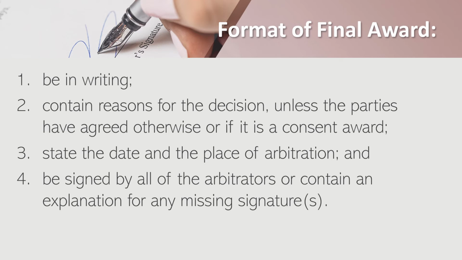But in general, the format of the final award must be in writing. It must contain reasons for the decision. There must be a date, the place of arbitration, and the signature of all arbitrators.